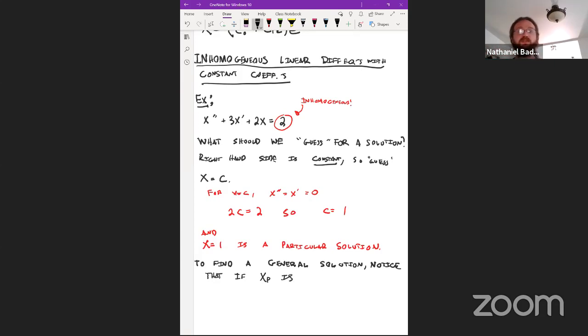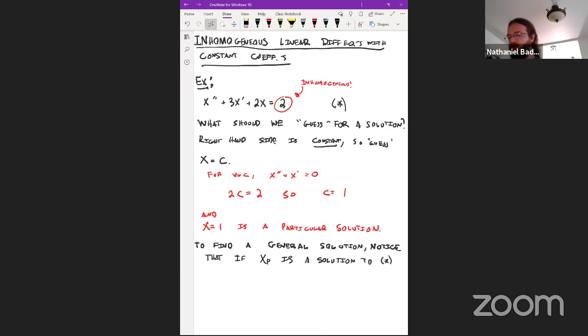So if xp is a particular solution to star, and let's say xh is a solution, it doesn't need to be general, to the homogeneous part of the equation.